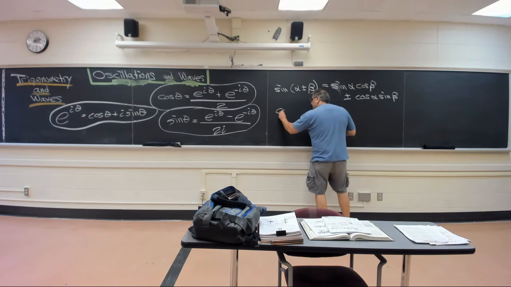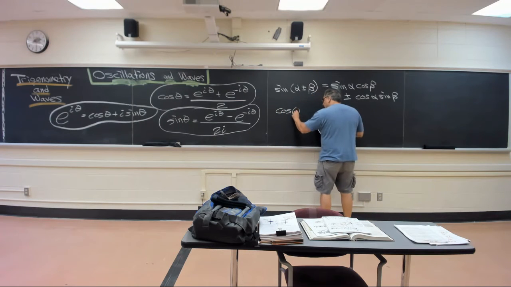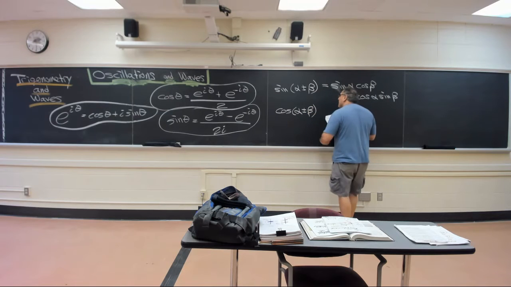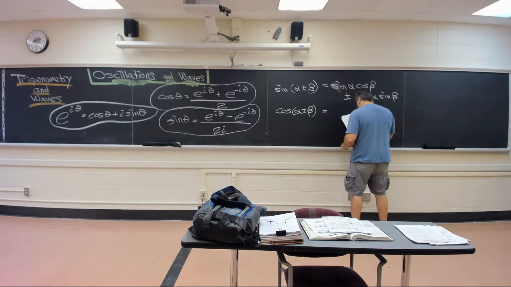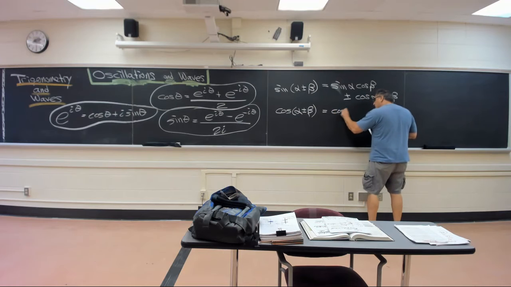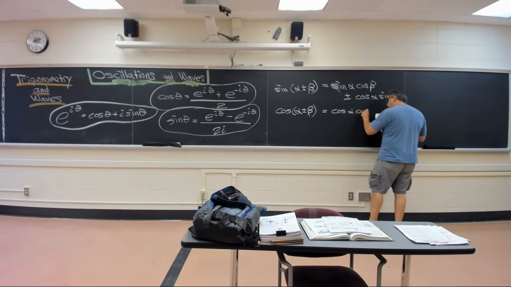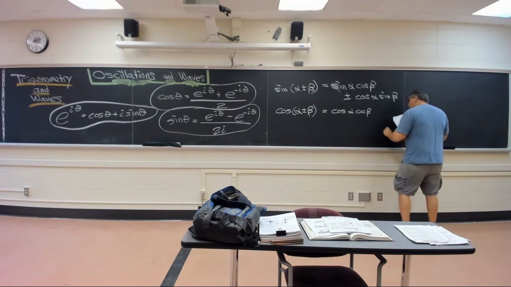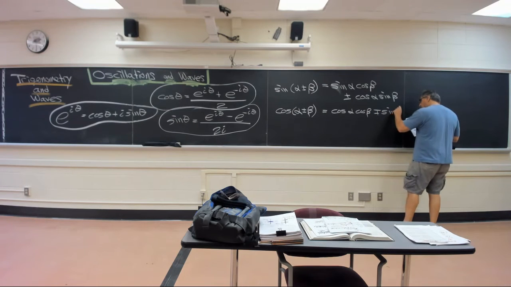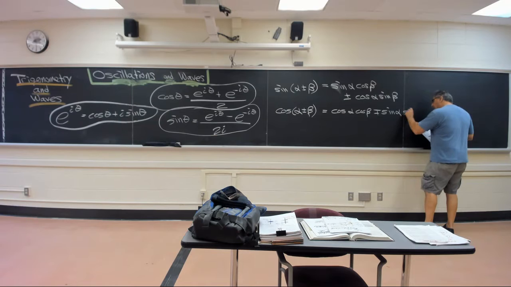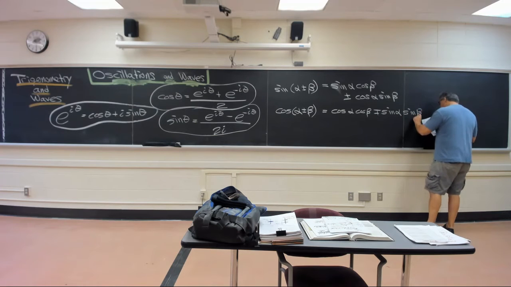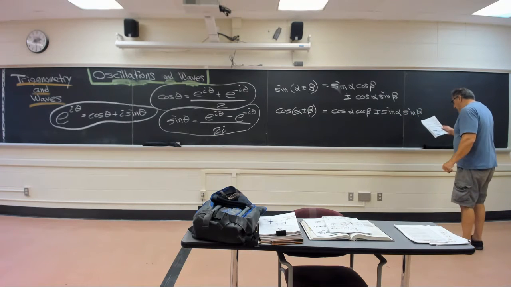The other one is cosine of alpha plus or minus beta is cosine alpha cosine beta, minus plus sine alpha sine beta.